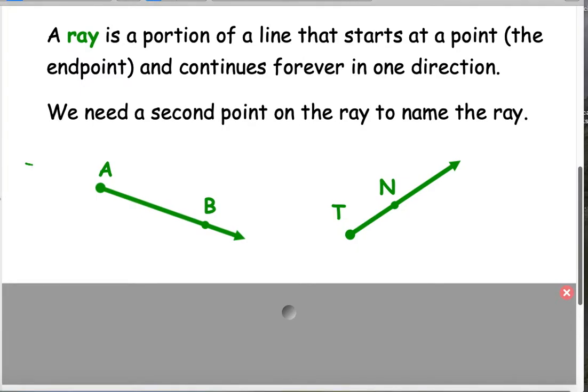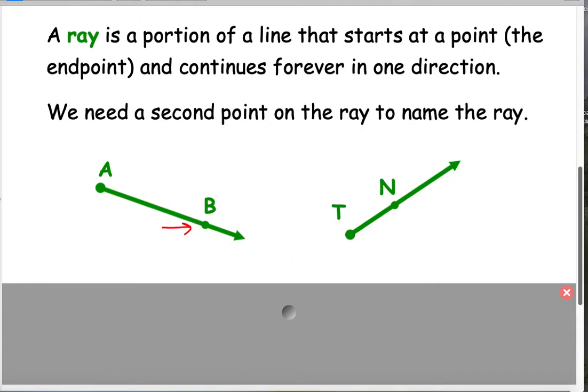So if this was our line, okay, that would be line AB. So what we're doing is we're erasing part of that. We stop at a point, and so now our ray starts at A, and then it goes towards B. So it starts at A, that's the end point, and then it goes in this direction forever and ever.